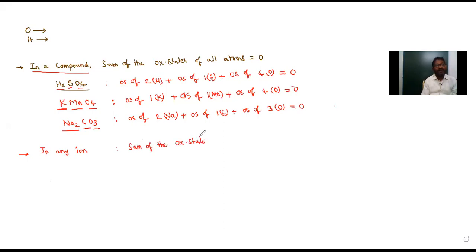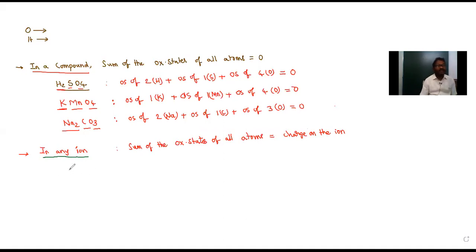Sum of the oxidation states of all atoms is equal to the charge on the ion. Charge on the ion. అంటే అయాన్ నెత్తి మీద ఎంత ఛార్జ్ ఉంటుందో ఆ ఛార్జ్కి ఈక్వల్ చేయాలంటున్నాడు.